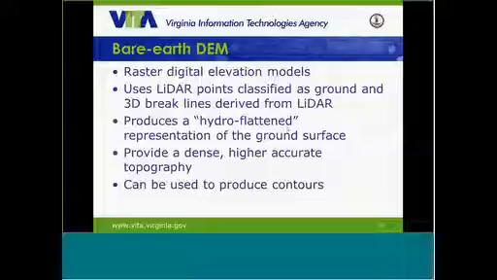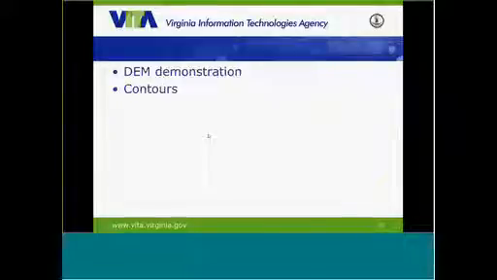It's not hydro-enforced, so it doesn't necessarily show you exactly how water will flow over the surface, but it takes larger water bodies and rivers and makes them flat, so they're more pleasing, because LiDAR is usually absorbed by water, or scattered by water, so you get a very rough-looking surface, or even a void, where water is. This is the reason why they like to have 3D break lines to flatten the surface. But the bare earth DEM produces a very dense and highly accurate topography, and it can be used to produce contours.